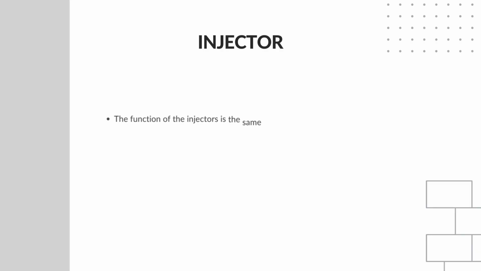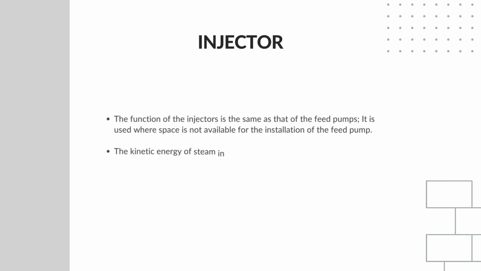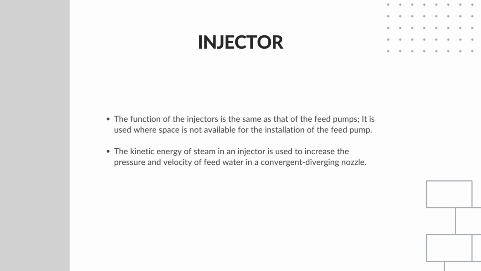Now, injectors. The function of the injector is the same as that of the feed pump. It is used where space is not available for the installation of the feed pump. The kinetic energy of the steam in an injector is used to increase the pressure and velocity of feed water in a convergent diverging nozzle.